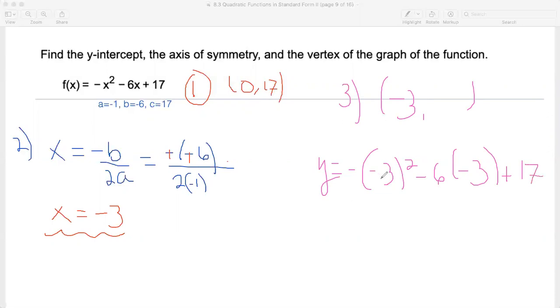Okay, now remember, exponents first, do not distribute those two negatives through. So it's going to be negative, and then negative 3 squared is a 9. And then negative 6 times negative 3 is positive 18. And then plus 17. Whew, this one's coming out nice. I like it. All right, so then negative 9 plus 18 is positive 9. And then plus 17. So 9 plus 17, I believe, is 26.